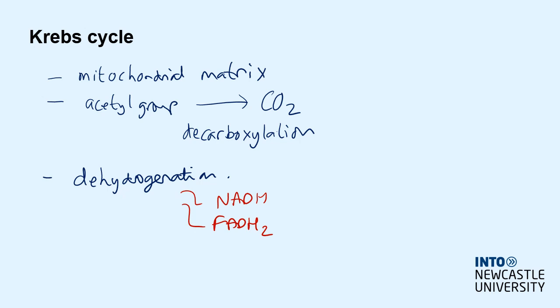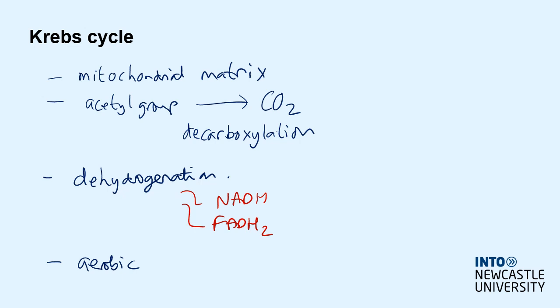Krebs cycle only occurs when oxygen is present. So we class it as aerobic, even though you won't see oxygen actually being used in the reactions. But if oxygen isn't present, you get this kind of feedback system where you can't do any of these processes, so you can't do the link reaction and the Krebs cycle.